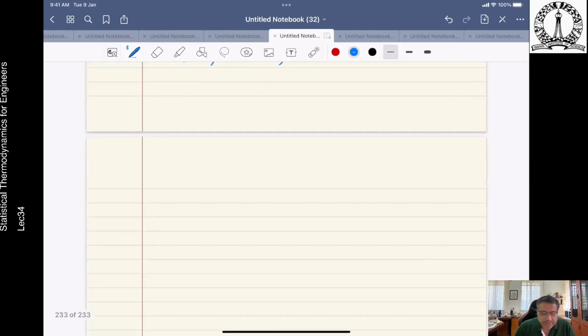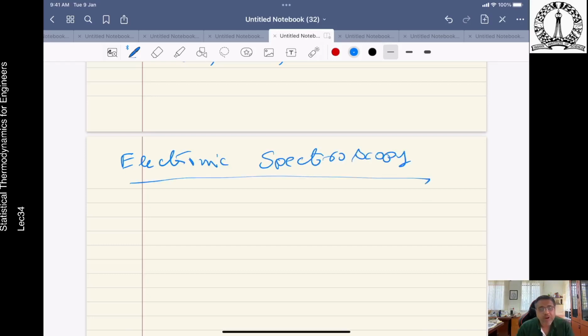We will move on to something which is called electronic spectroscopy. Now, this is a little bit more complicated because now we have simultaneous changes in electronic, vibrational, and rotational energy modes.